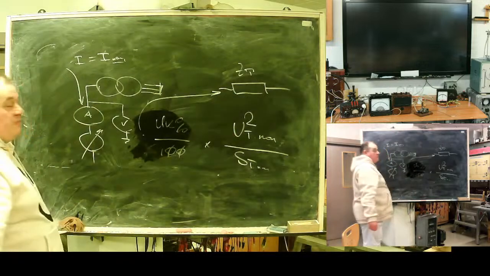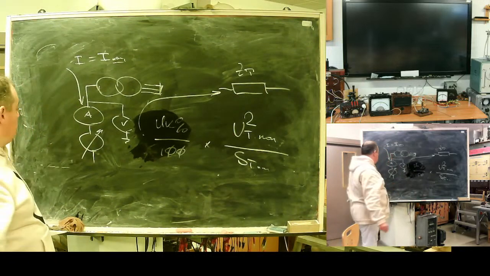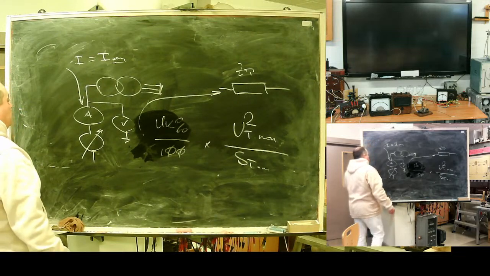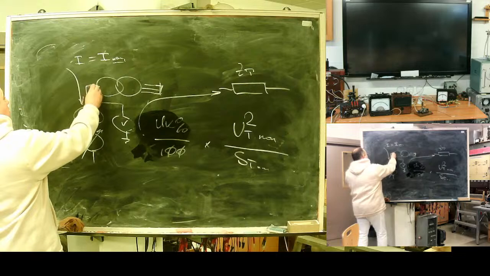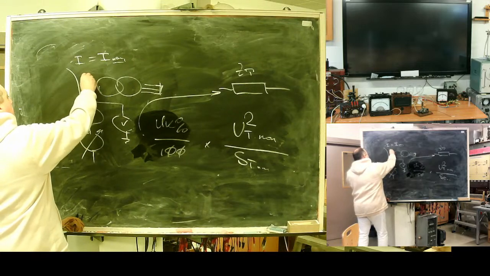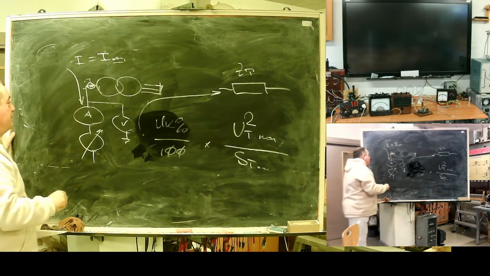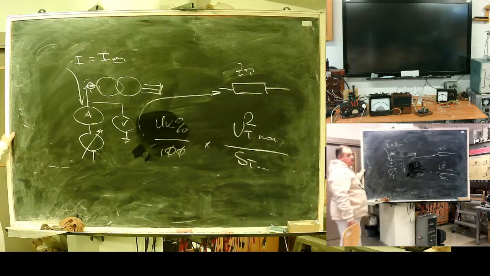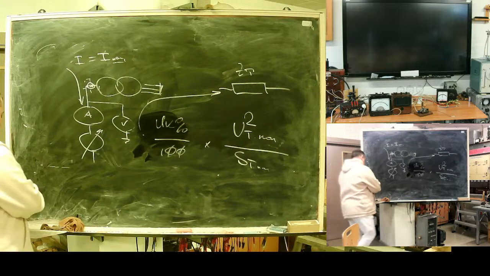Transformer resistance. If you do deeper research, you can find one more parameter: the short circuit power, the active power consumed during this experiment. This gives you the so-called copper losses, losses in copper.